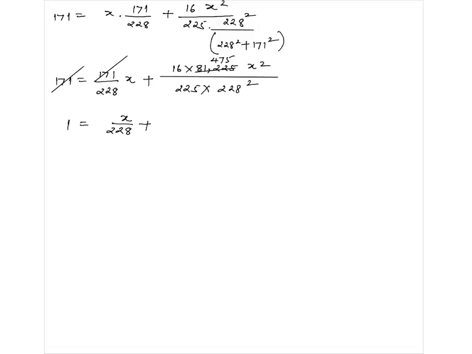Two 228 by 4 is 57. 16 is 4 square. 475 upon 225. Both are divisible by 25.